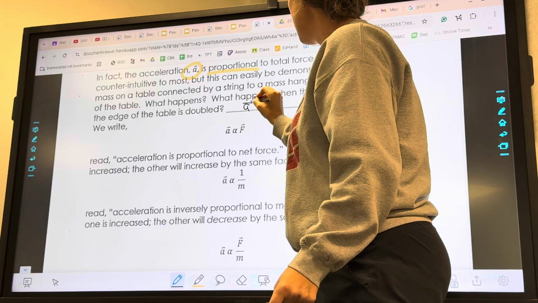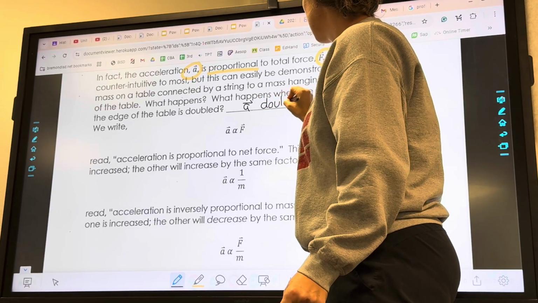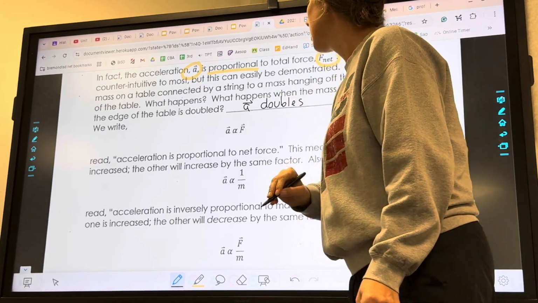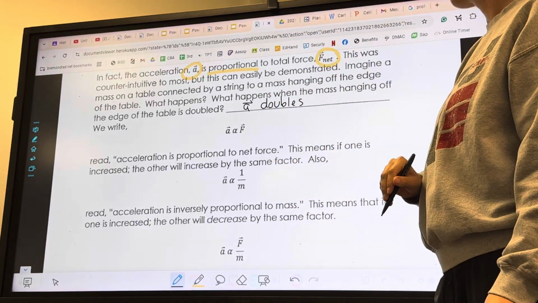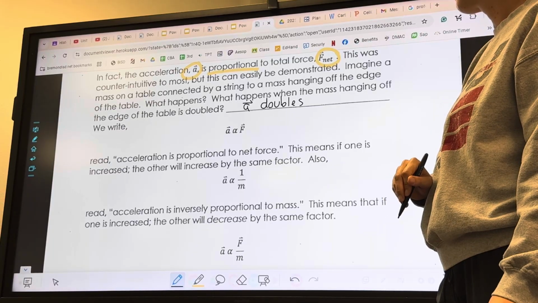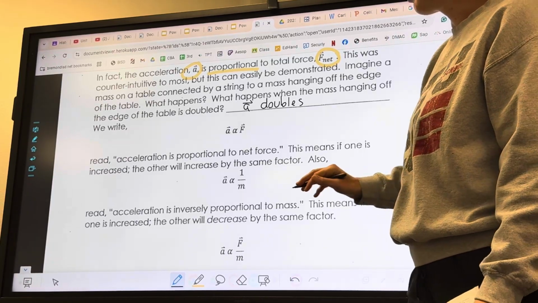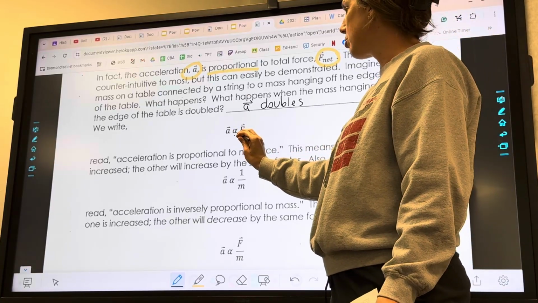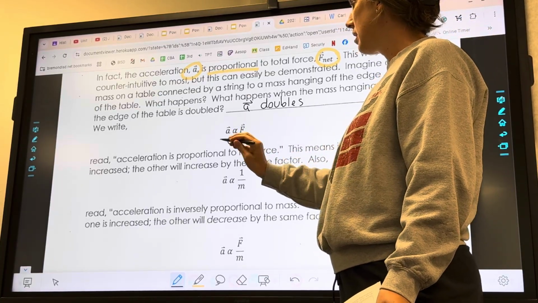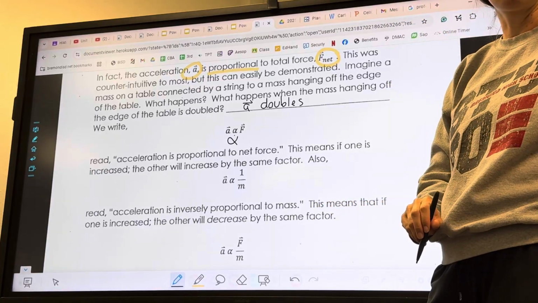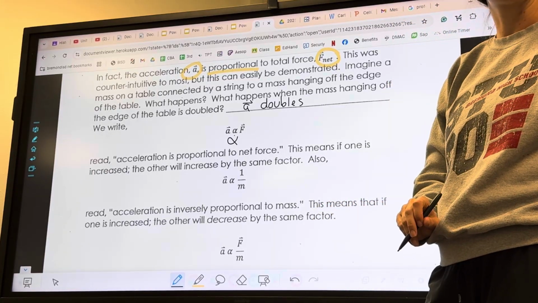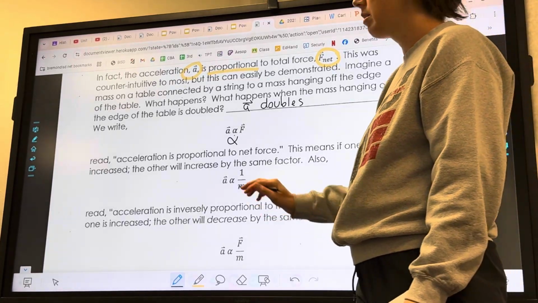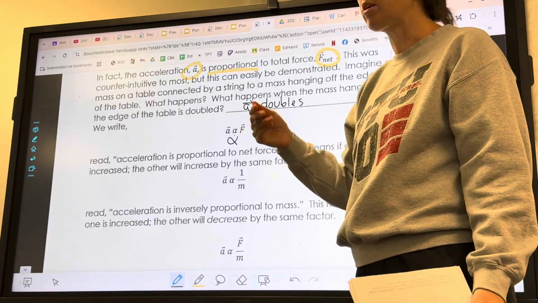I'm just going to do A hat doubles. Okay, so here is our new sign for proportional. Y'all, I just kind of draw it like that. Have y'all seen that symbol before? Kind of looks like the fish they put on, like, the Jesus fish, okay.